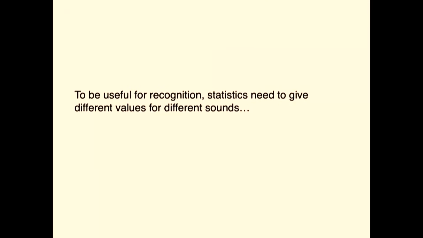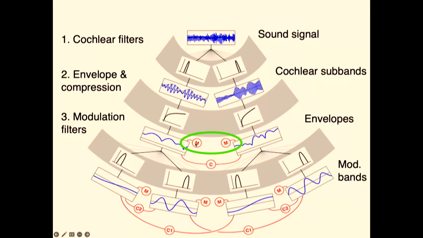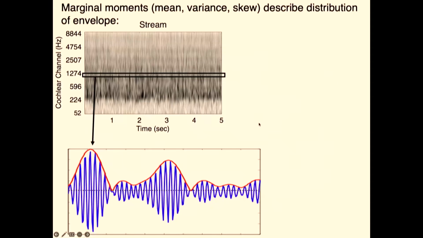Okay, so if these kinds of statistics are going to be useful for recognizing sound textures, minimally, they need to give different values for different sounds. And so we can take a look at a few of these and get a sense of what they might capture. So let's look at what you might get from the marginal statistics in this representation, the envelopes of cochlear frequency channels.